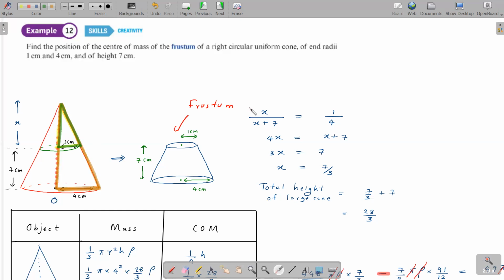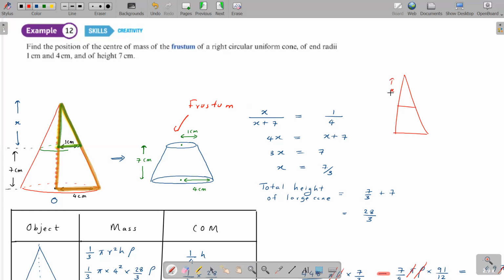On the other side, I have used 1 centimeter as the radius of the small triangle, and 4 centimeters as the corresponding radius of the larger triangle. I have used the fact that the two triangles are similar.